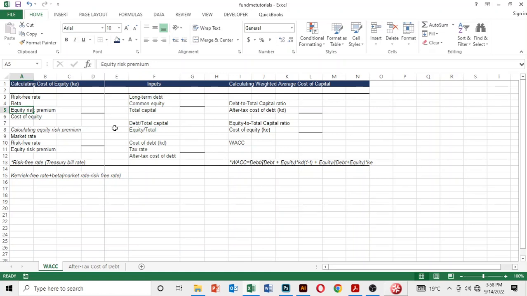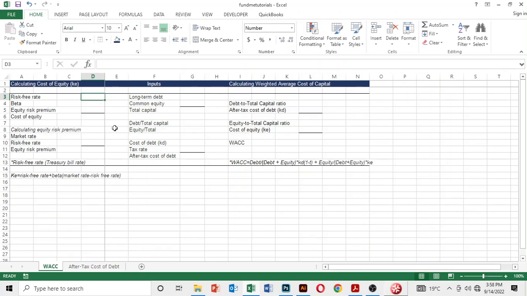That's essentially the risk premium, right? And then we get the cost of equity. So having said that, let's just put some figures there so that we can get the knowledge of how to compute the cost of equity, right?